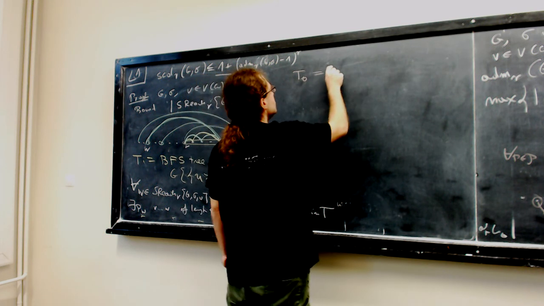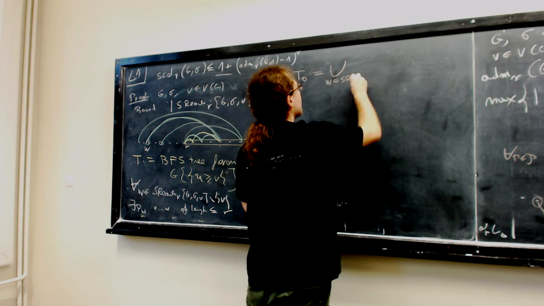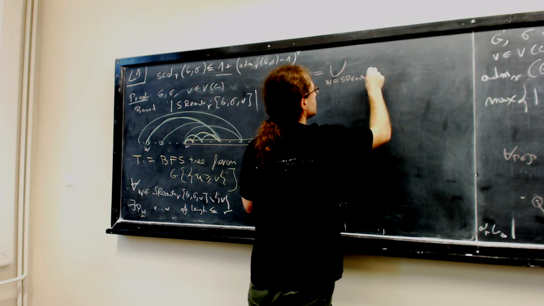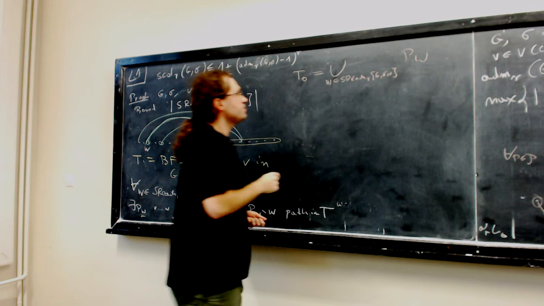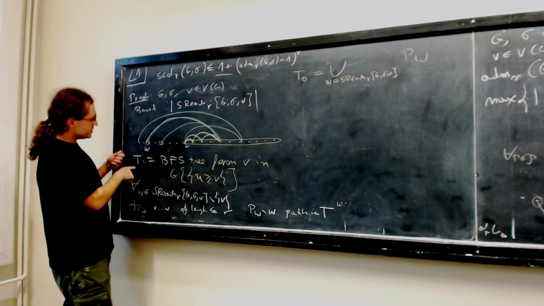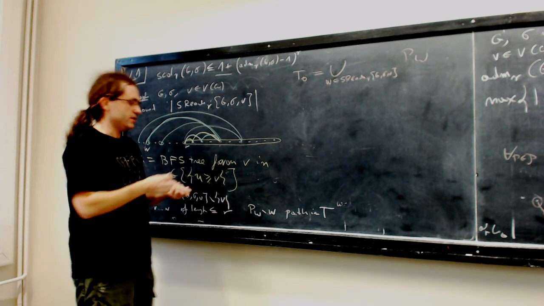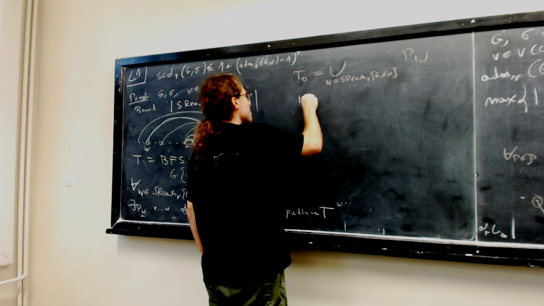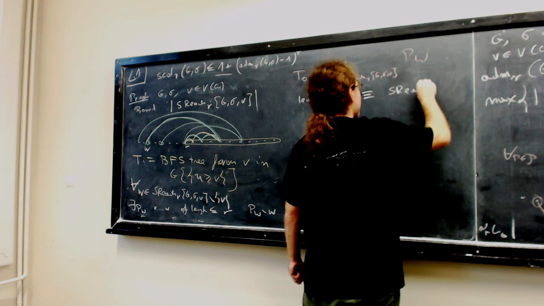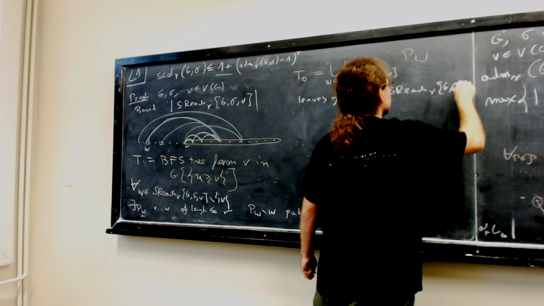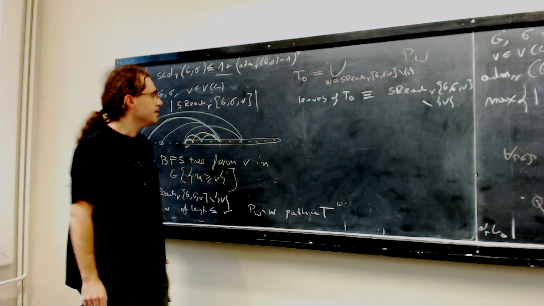T0 is the union over all W's in the strongly reachable set R, G, sigma, V of this path to W. So this tree is like a subtree of the tree T, and the leaves of T0 are the strongly reachable set R, G, sigma, V minus V, since V doesn't count here.